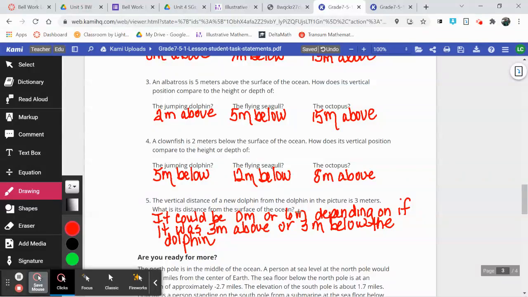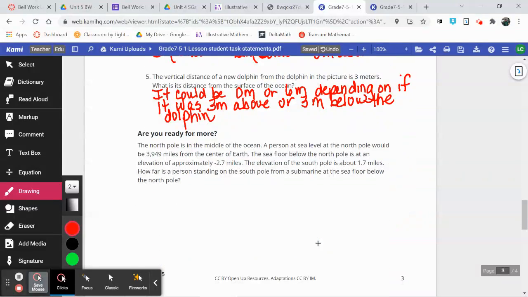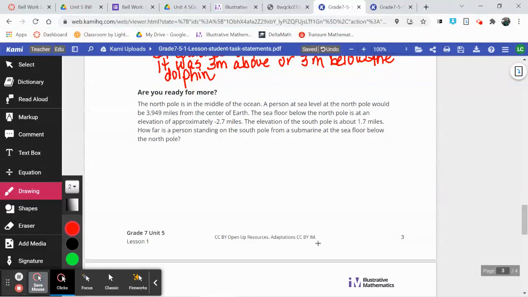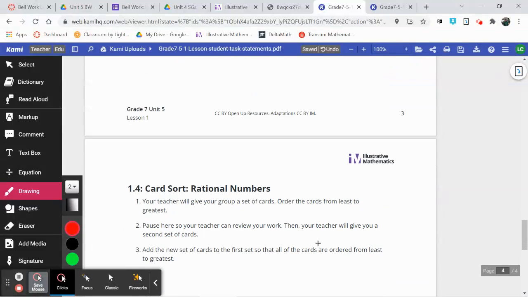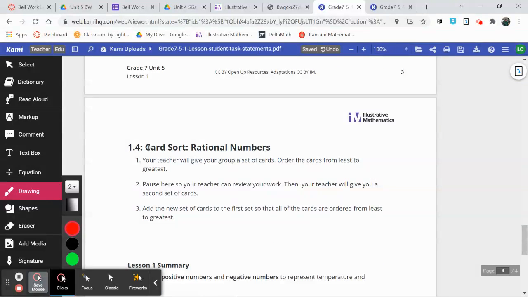All right? Now we're obviously going to skip Are You Ready for More? So what we're going to do from there is scroll on some more. Now, when you go to page 352, it says there's a card sort on rational numbers.